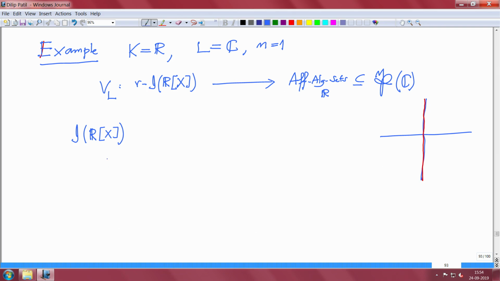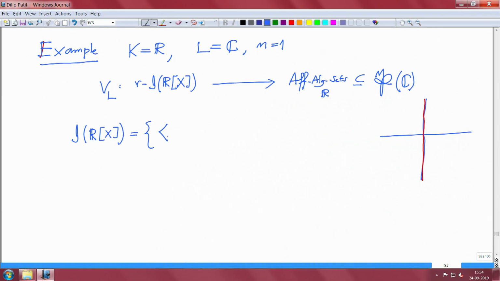This statement follows from the fact that R[x] is a Euclidean domain, because there is a Euclidean algorithm. You can divide an arbitrary polynomial by a monic polynomial and get a remainder and so on. So, every ideal is precisely the ideal generated by a single polynomial f, where f is an arbitrary polynomial in R[x], and if you want this to be a unique generator, then one assumes that f is monic.